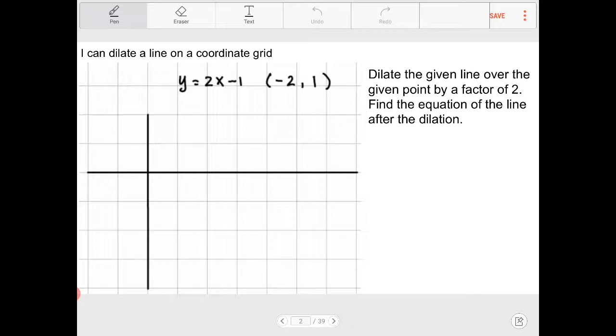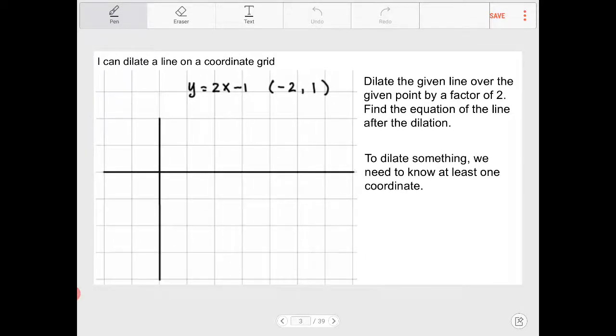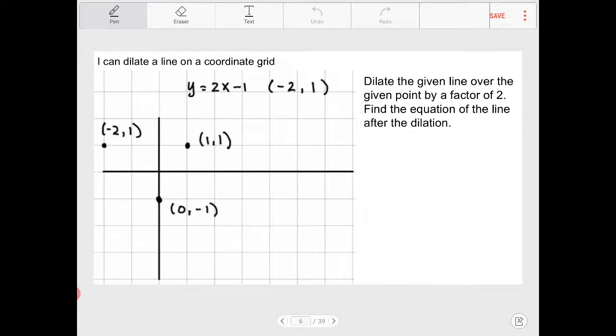So let's do that. I know that 2x minus 1 has to pass through (0, -1). I also know that it has to pass through (1, 1), because if I start from (0, -1) and apply a slope of 2, I go over 1 and up 2, and I end up at (1, 1) there.